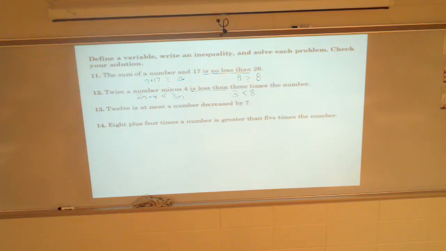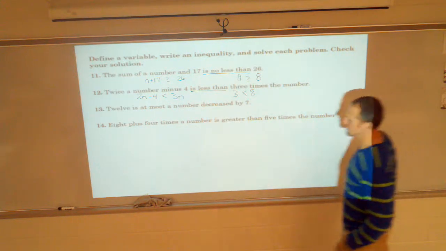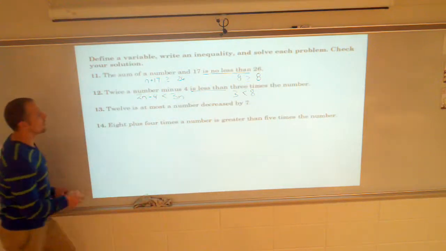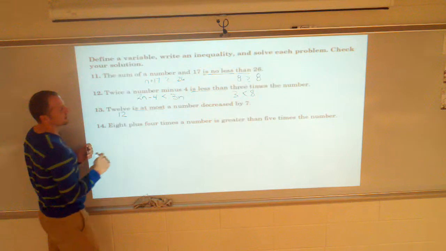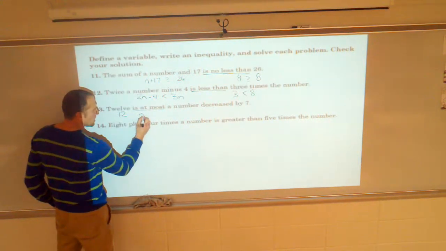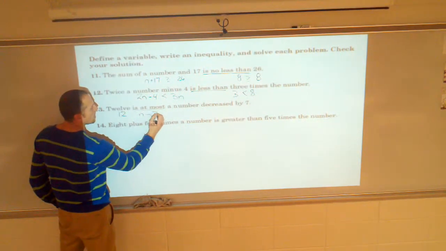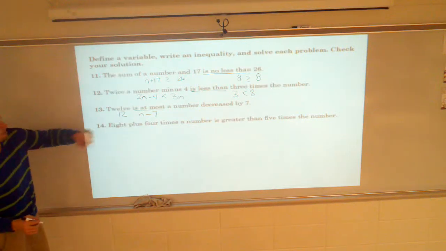Now, the goal is not to have this understood today. This is a hard concept. All right? Here's the goal. Have it understood by the test. You should be able to get everything but the sign. We've done that a ton. All right? So we've got 12 is at most. That's our sign. A number decreased by 7. So you should have something like this.